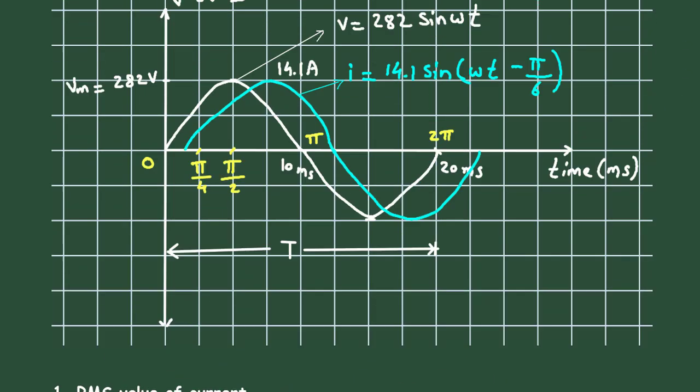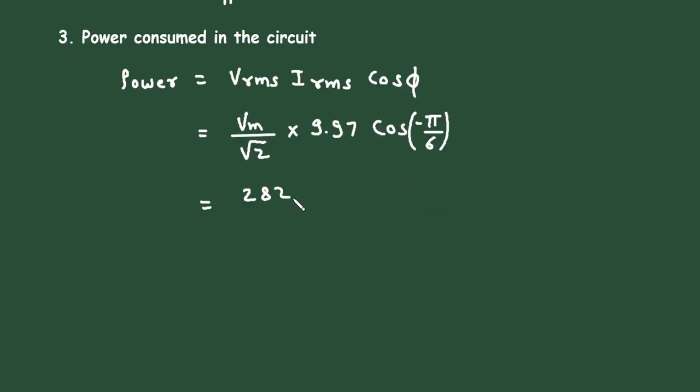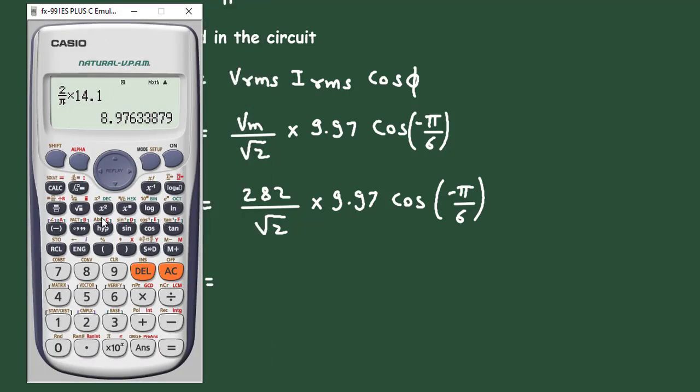Then again the value of Vm is 282. So 282 divided by root 2 into 9.97 into cos of minus pi by 6, or we can take minus 180 divided by 6.